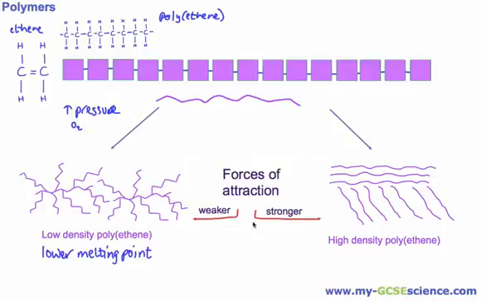So key and important point here: for the low density polymer, the forces of attraction are weaker here because the chains are further apart, and here the forces of attraction are stronger. So you'd end up with a slightly higher melting point, and it would be a slightly harder polymer or a slightly harder plastic.